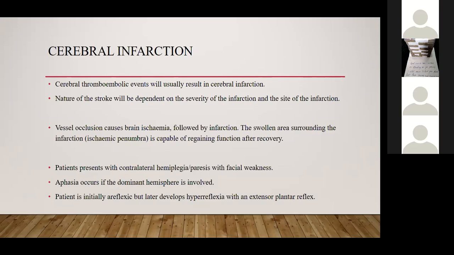Once it's coming from the brain to supply the lower aspect of the body, it crosses, or the term is it decussates. So the right fibers would decussate to the left. The left fibers would decussate to the right. Okay, and then it comes down. So if you have a patient who has a left-sided weakness, in actual fact, the damage is in the right hemisphere, because of that principle of decussation.